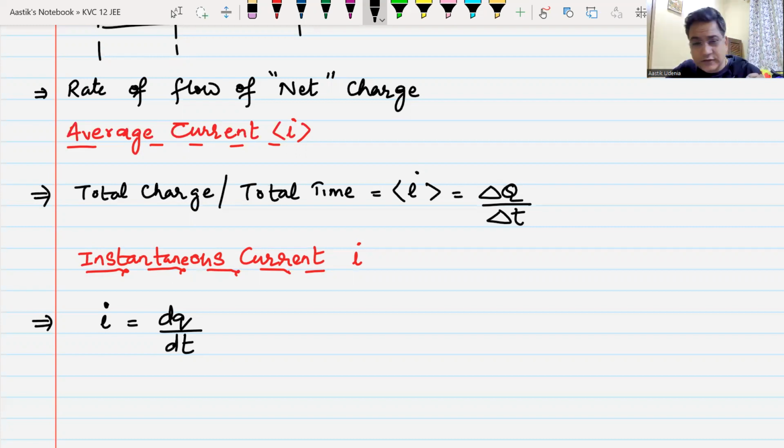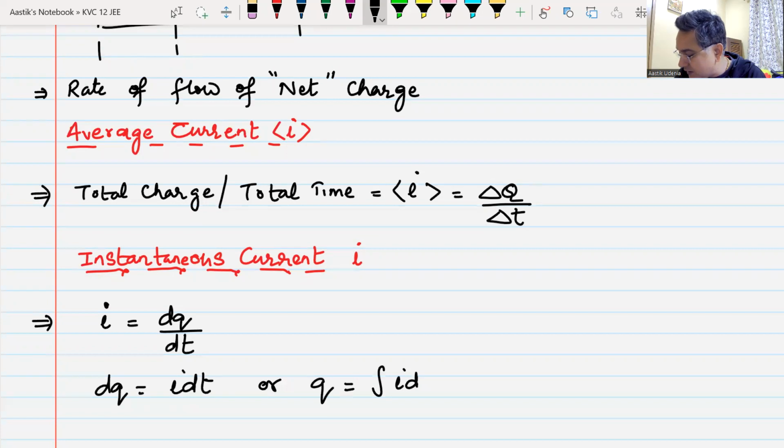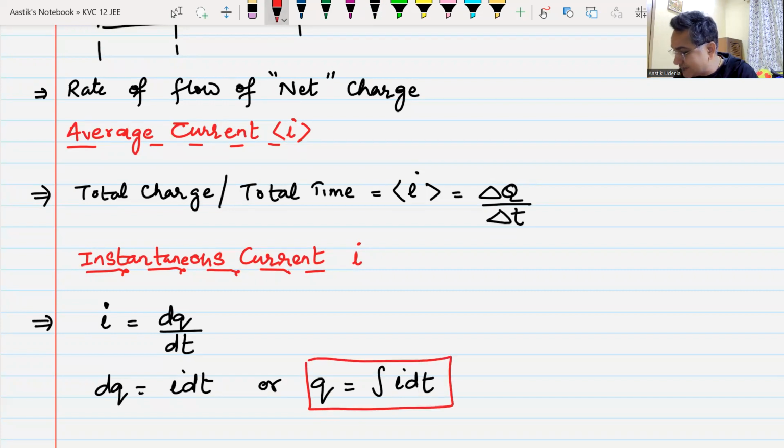Current is the rate of flow of charge, dq by dt. I can write this equation in a different way. dq will be equal to I into dt, or the total charge flown can be written as the integral of I dt. I hope I am making sense here. Yes or no? Okay.